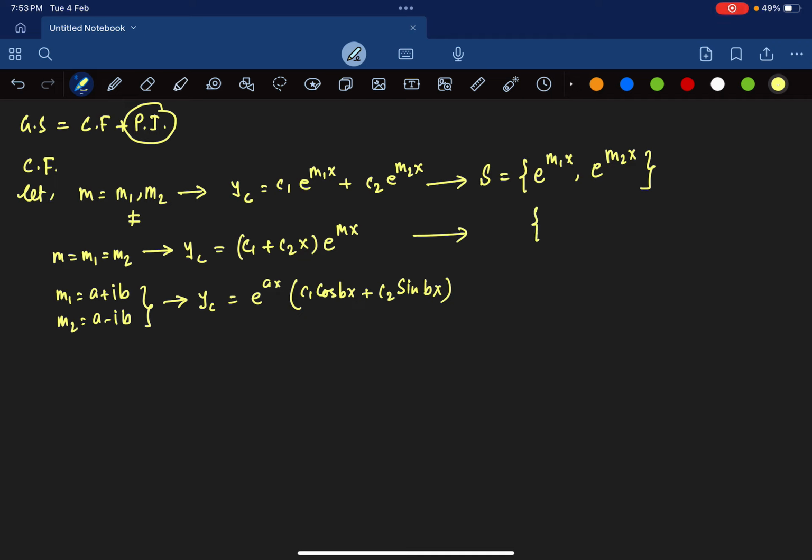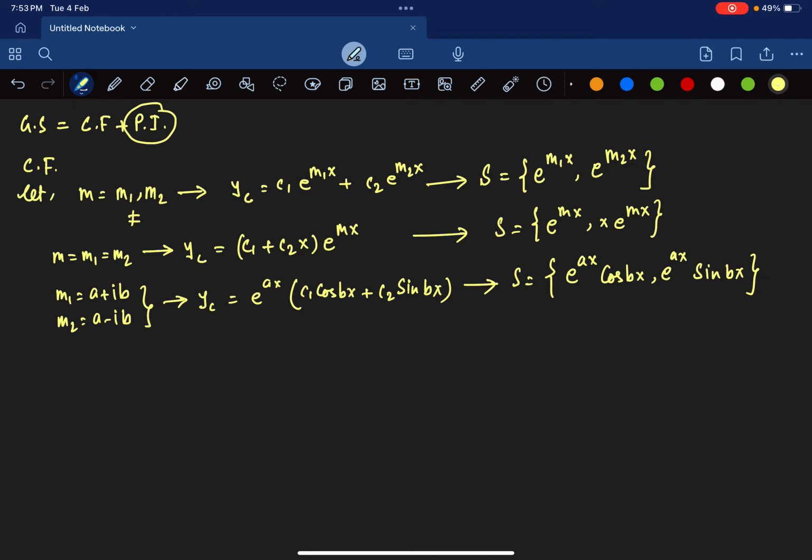For the identical case, the solution set is e^(mx) and x e^(mx). Similarly, here the solution set is e^(ax) cos bx and e^(ax) sin bx.